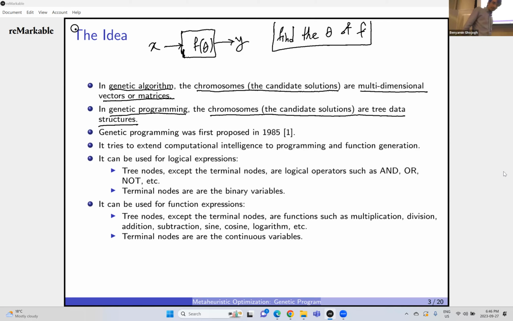But now, consider another scenario. What if I say, I don't want to just have a model with some parameters and learn them. I want to give you some basis operators, some basis functions, okay? Such as plus, minus, subtract, addition, multiplication, division, sine, cosine, logarithm, exponential operator, these things, right?